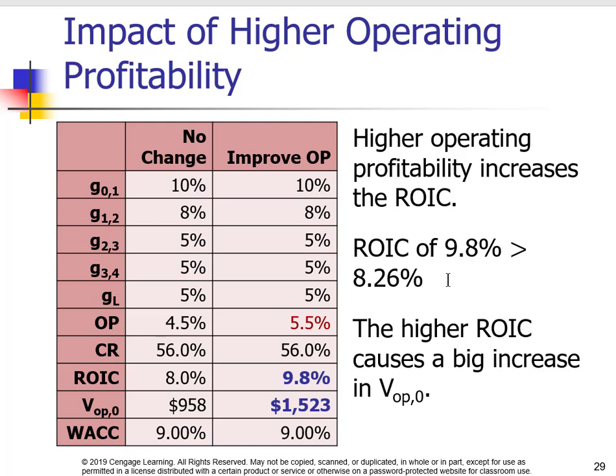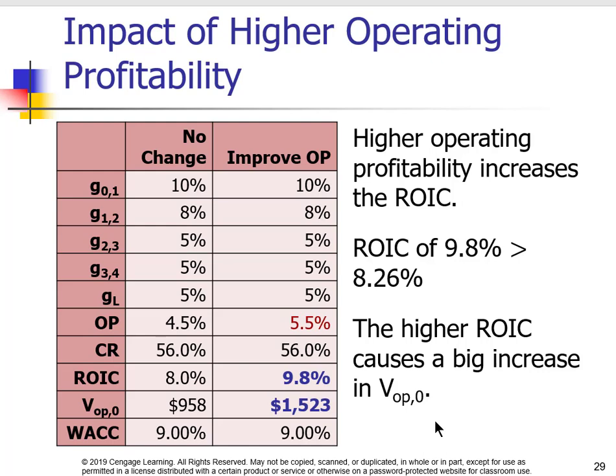And of course, we said before, that number has to be greater than 8.26 in order for us to see growth in value. And in this case, we can see that just a 1% increase in operating profit is a tremendous increase in the value of operations.